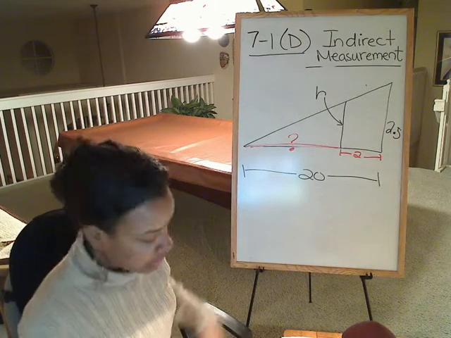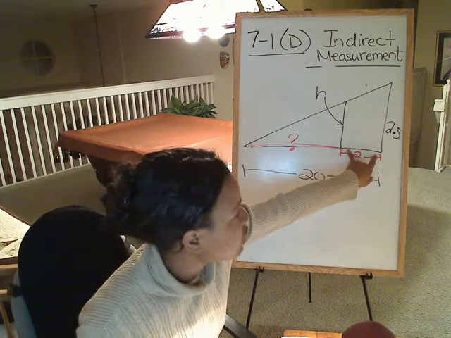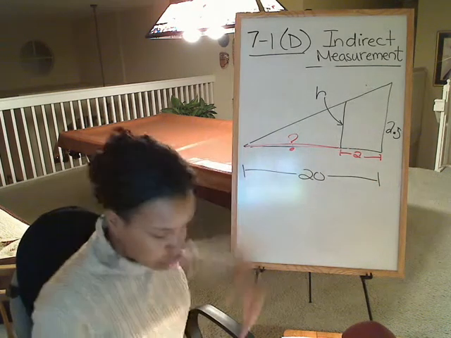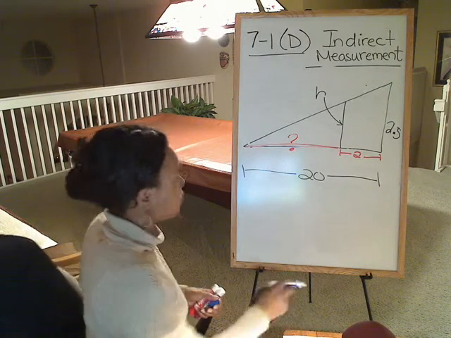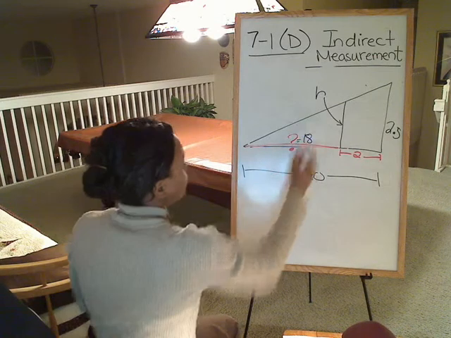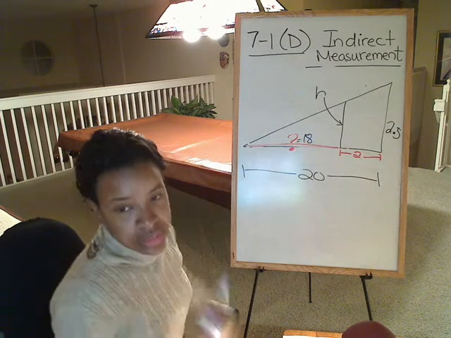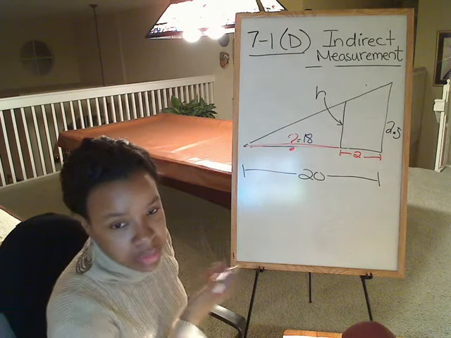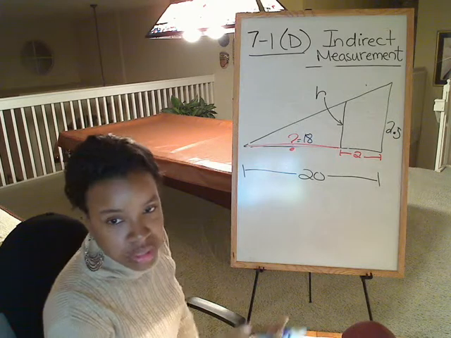So think about it. If the whole thing is 20 and this little space is 2, how much is this space? 20 minus 2, right? So it's 18. So the base of the little triangle is 18. That's important because you can't assume that the numbers they give you are the numbers that you need for your proportion. You got to look at it.